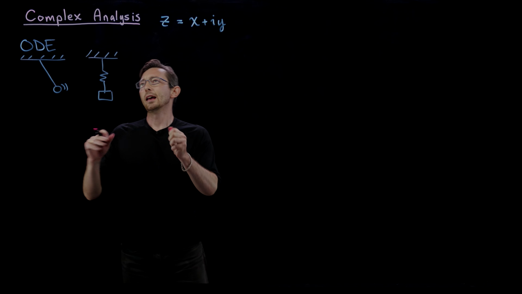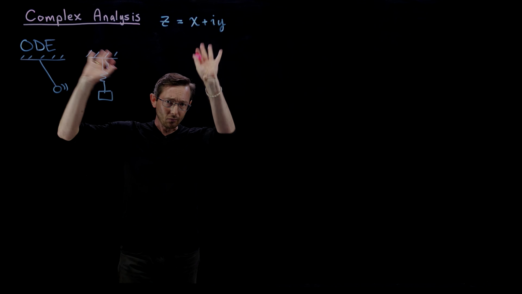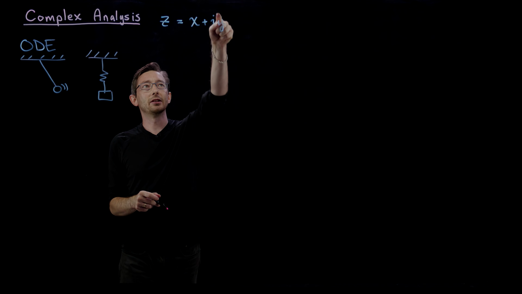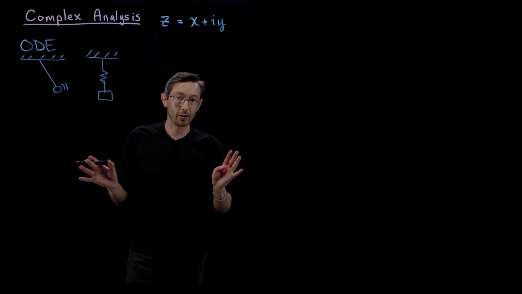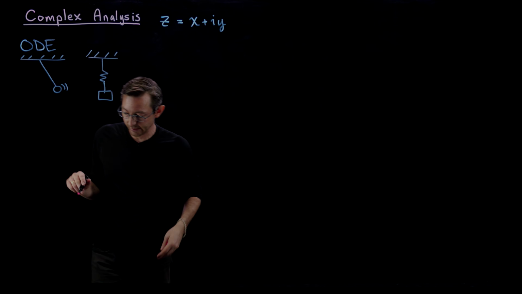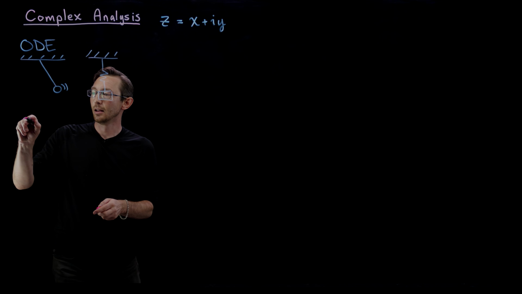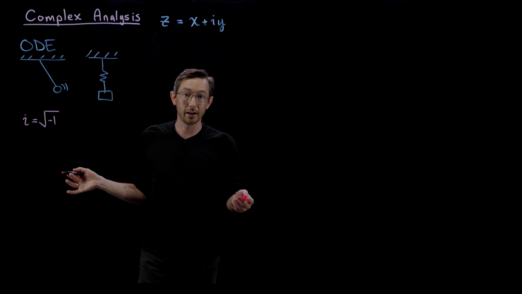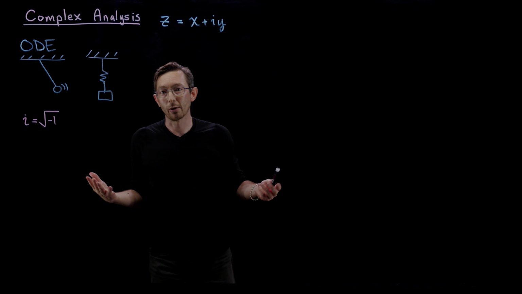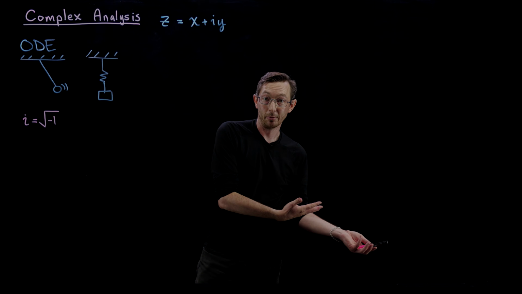Good. Now, when I start, I like to define what I mean by i, this imaginary number. Most of you know this from high school or grade school. You've seen this before. We say that i is defined as the square root of -1. So we know what the square root of 9 is. It's 3.